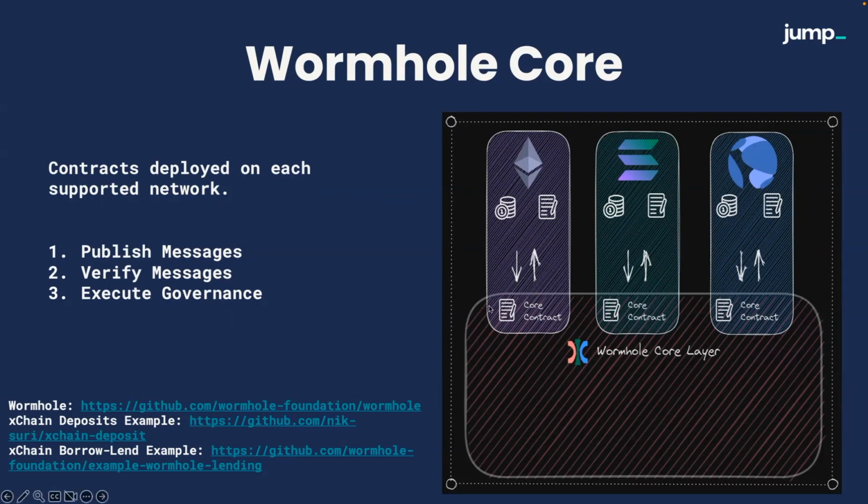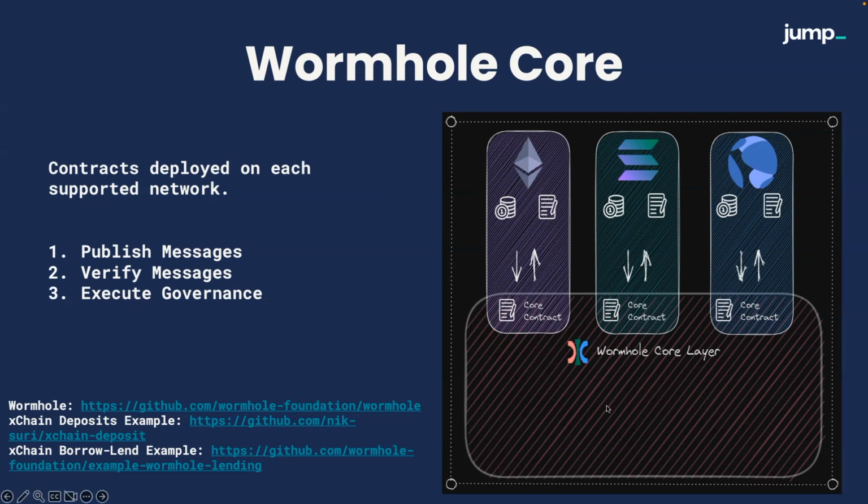So that's what this diagram here on the right shows. There are the core bridge contracts on every single chain, so ETH, Solana, and all the other chains, and they handle publishing and verifying messages. And these messages pass through the Wormhole core layer to go from one chain to the other.